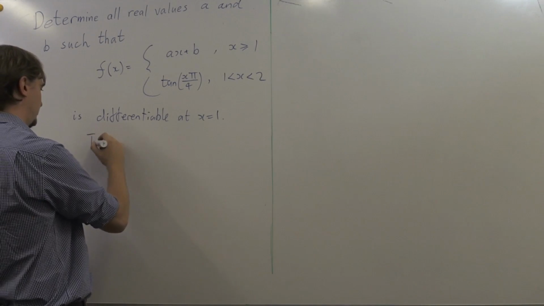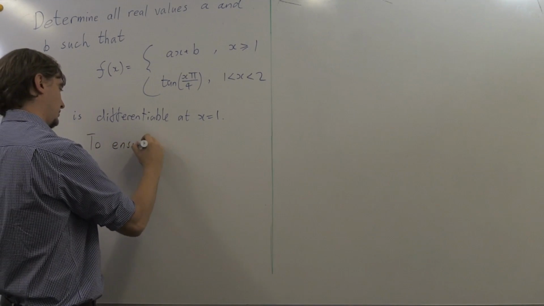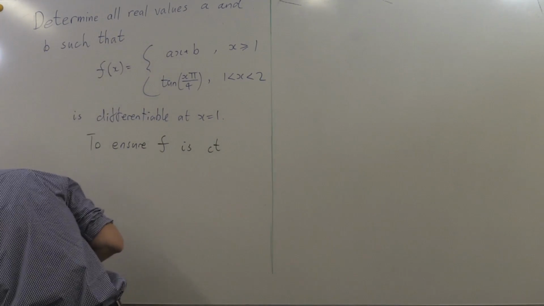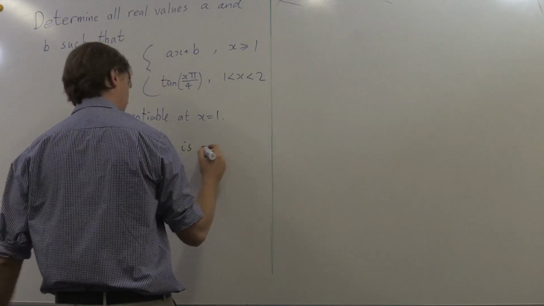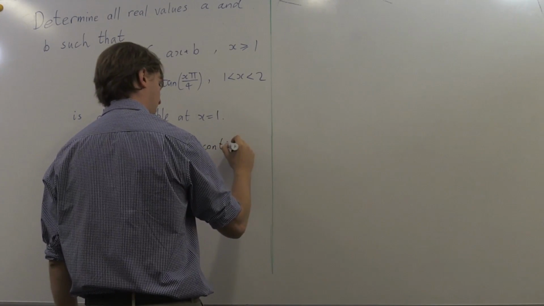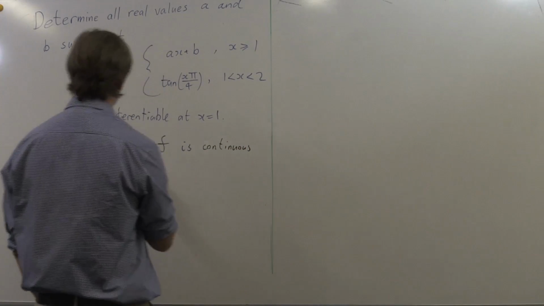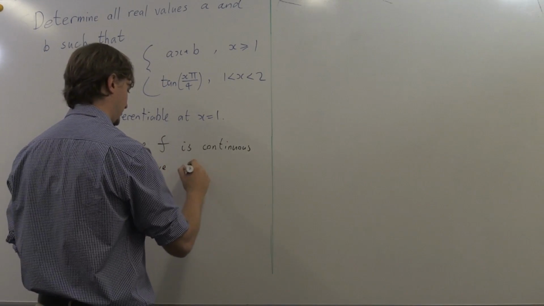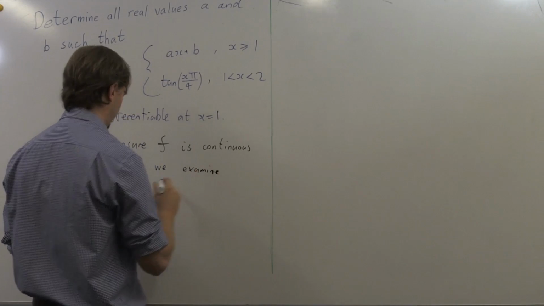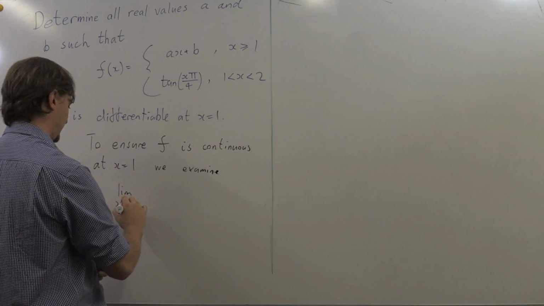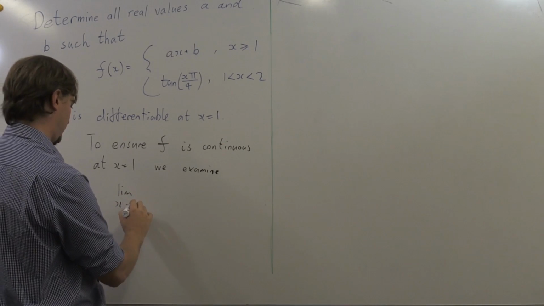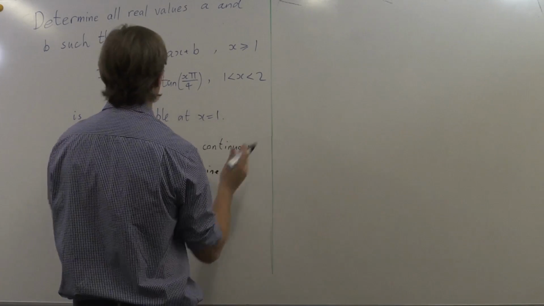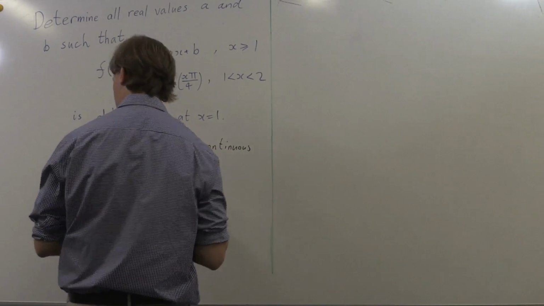Right. So to ensure that f is continuous, I should write continuous fully. So let's ensure that f is continuous at x equals 1. We'll examine the limit as x approaches 1 from the left of this function f of x.